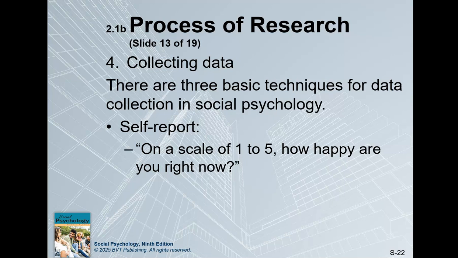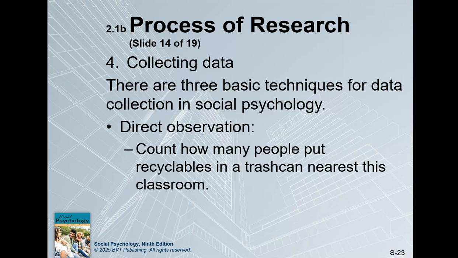They are saying, oh yeah, I feel this, I feel that, from 1 to 5 as an example. Okay, the other type of data is called direct observation. And that's when the researcher will observe other people's thought processes and behaviors.